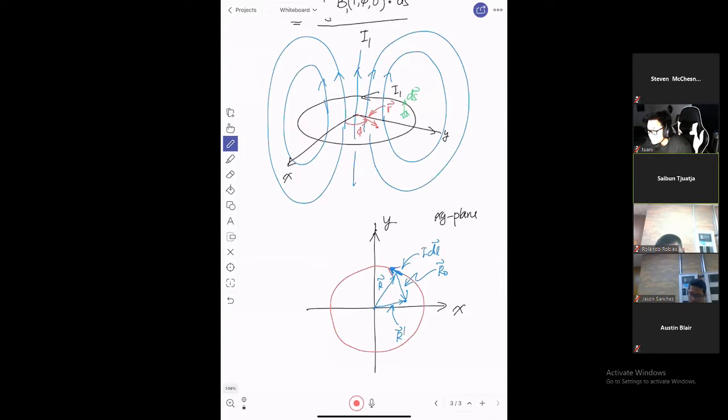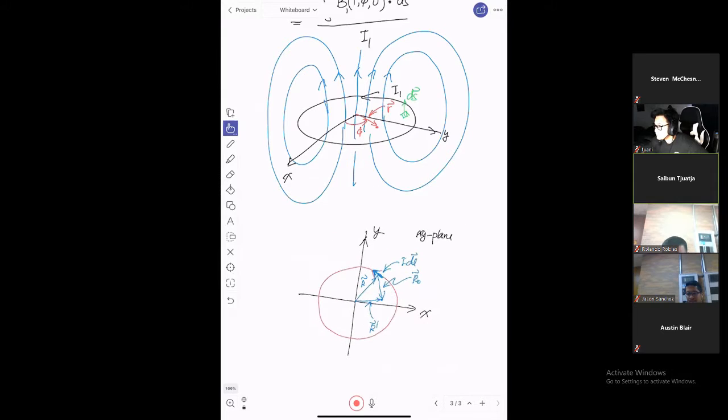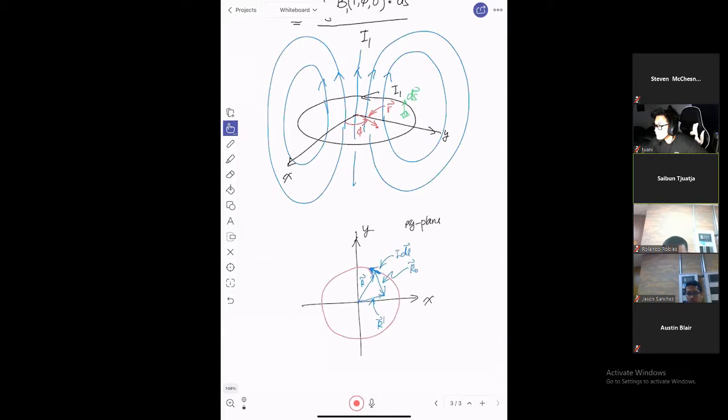Okay? So for the Biot-Savart law, what you need is this one and this one, right? This cross with this, divided by 4 pi magnitude of this R square. Okay? Now that's why this is messy. So now let me show you how we do this. I need to move this. I can make it larger actually.